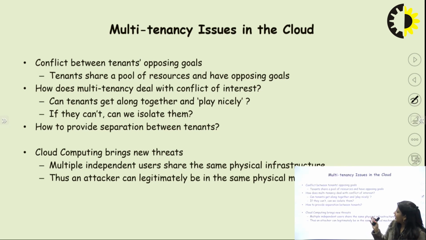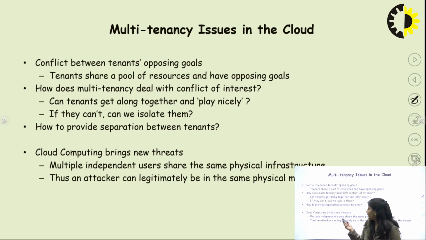Can tenants get along together and play nicely? If they can't, can we isolate them? So there is a question of isolation. If the resources are shared with multiple tenants, one tenant or user can't access the data of another user. So isolation should be there. How do we provide separation between the tenants?